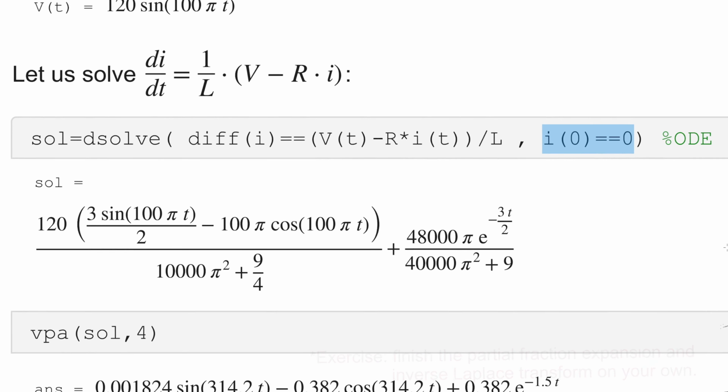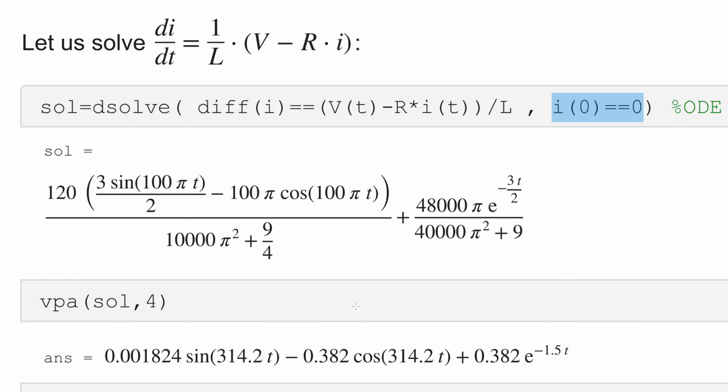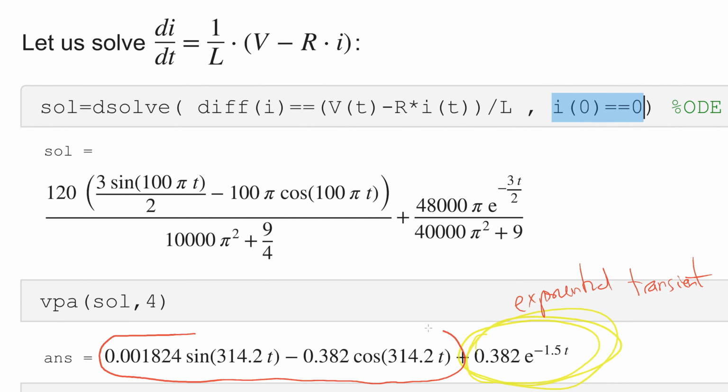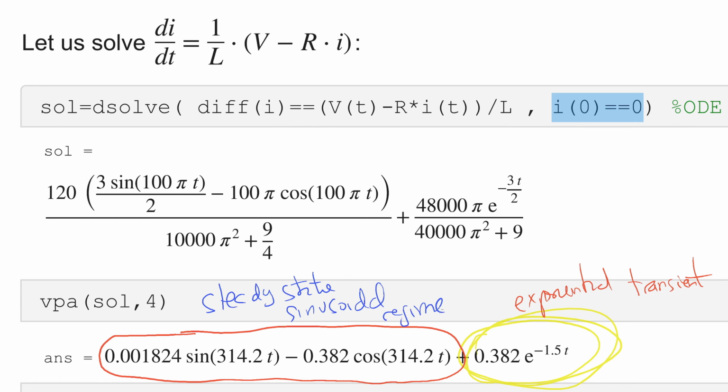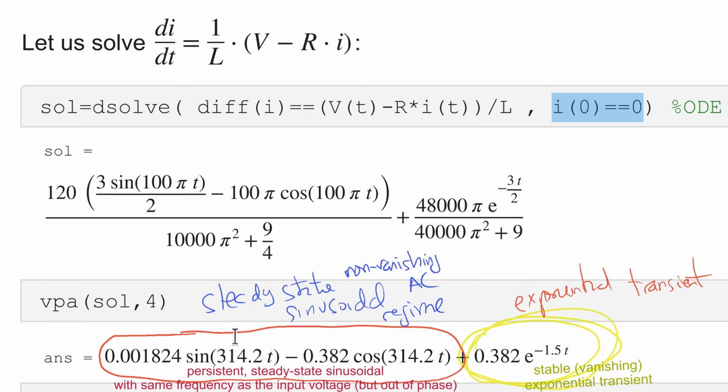Then let us analyze the meaning of this solution. We have two terms. This term is the exponential transient, and this term at the left is the steady-state sinusoidal regime, the steady-state AC component, which is non-vanishing, and this is what you will usually compute with impedances and the like.